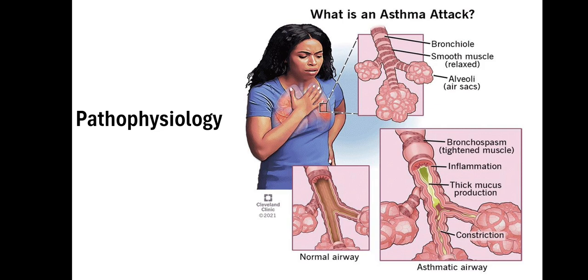In asthma, these tubes are narrowed down due to some causes, of course. And when you look at this same tube, it not only causes the narrowing down, but also leads to mucus production.